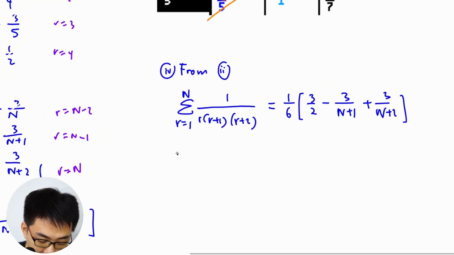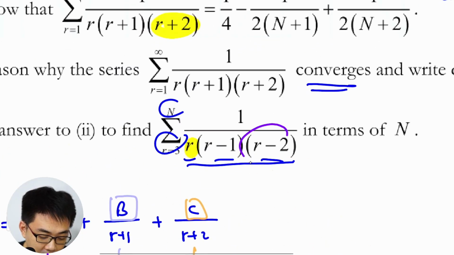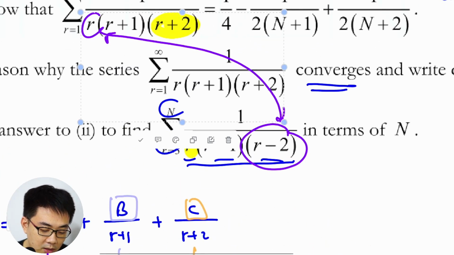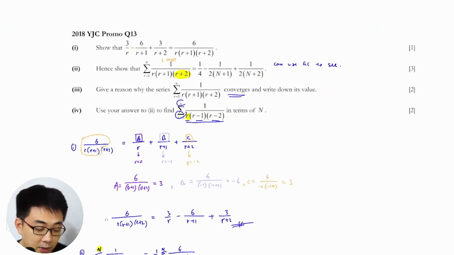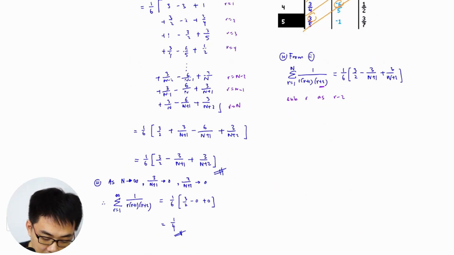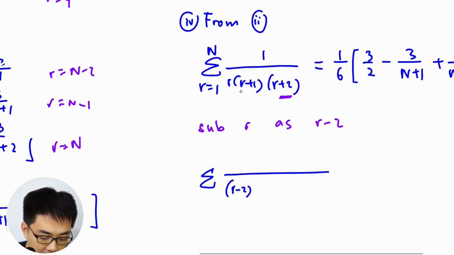So replace r as r minus 2 because we need to change it to r. The largest factor here should correspond to the largest one. Usually that's one of the telltale signs. So the largest one here will correspond to the largest one here. So r as r minus 2, you just replace it in. Remember, this is r as r minus 2. You get r minus 2 here.